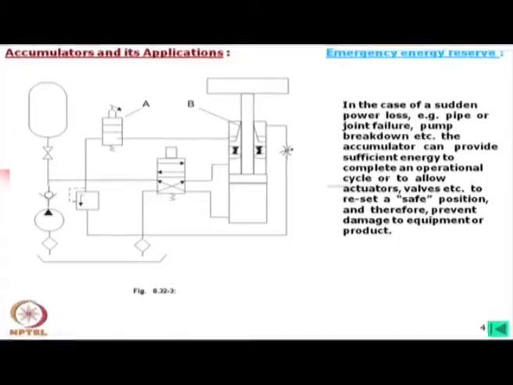Now, what will be the operations? If we consider these connections, then oil is going to the rod end side of the piston, and oil from the head side is going back to tank.